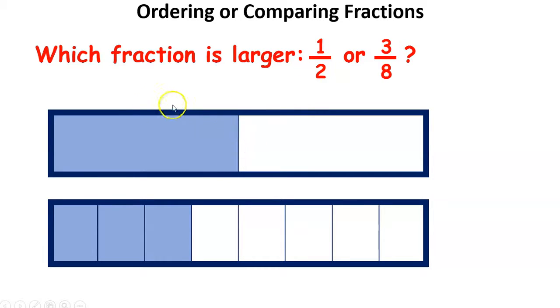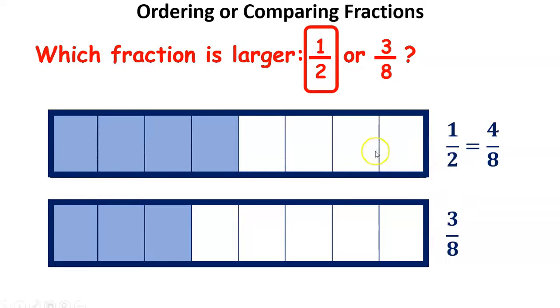You can see that more of this is shaded than 3 parts out of 8. And now I'm just going to convert this rectangle so that it has 8 equal parts, and there we go. So a half is equivalent to 4 over 8, and 4 over 8 is larger than 3 over 8. So a half is the larger fraction. Okay, so a half is greater than 3 over 8.